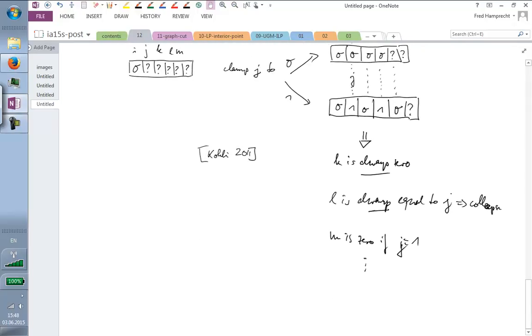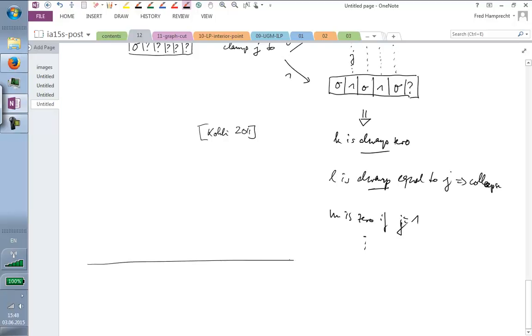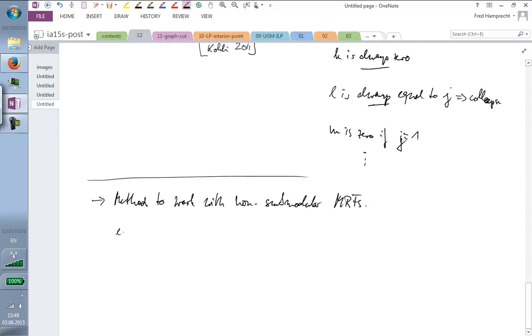Okay, and this, to come back to our first hour today, now gives us a method to work with non-submodular MRFs. And we can, for example, use the potentials that we would like to use, for example robust potentials in stereo.